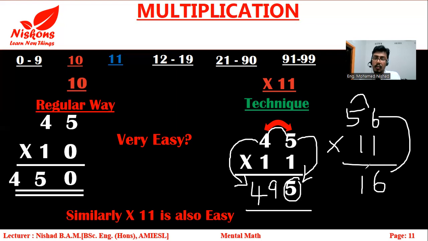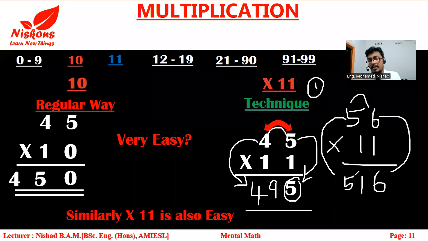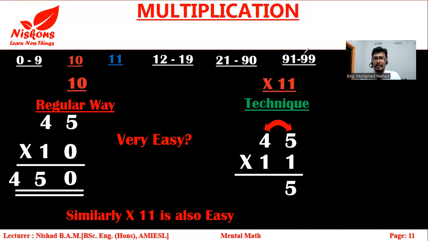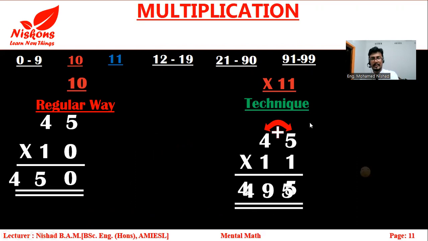We only write 1, and the other 1 will be a remainder. Then we write that 5 over here, but we have to add this 1 to this 5, so that the answer will be 6. So 56 times 11 will be equal to 616. Very simple, right? Let me provide you some more examples.